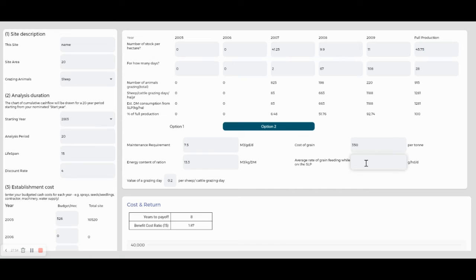And this number wasn't actually recorded in the SGSL case study, but I'm going to put in that there was 50 grams per head per day fed on average over those 28 days in order to run the 46 ewes per hectare.